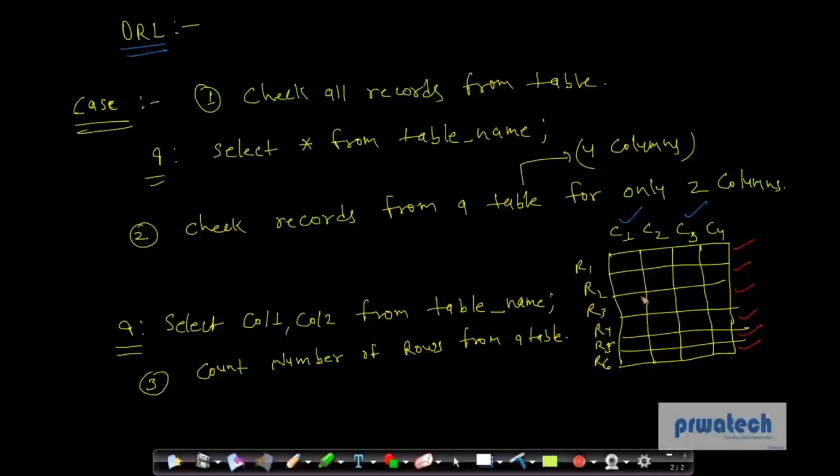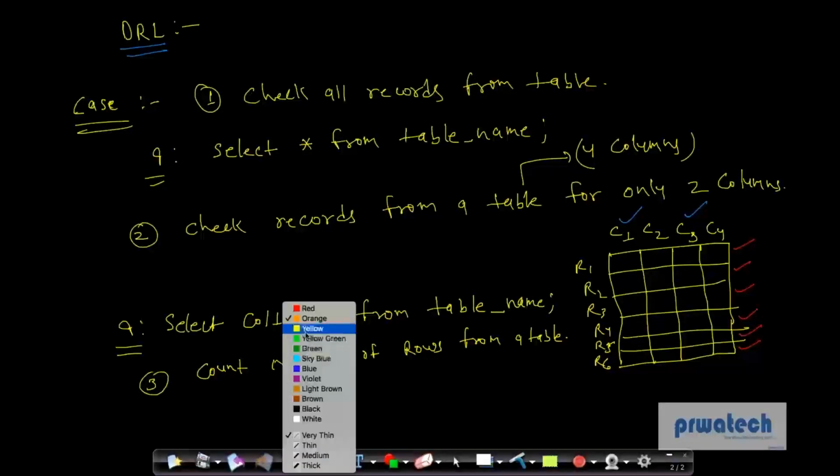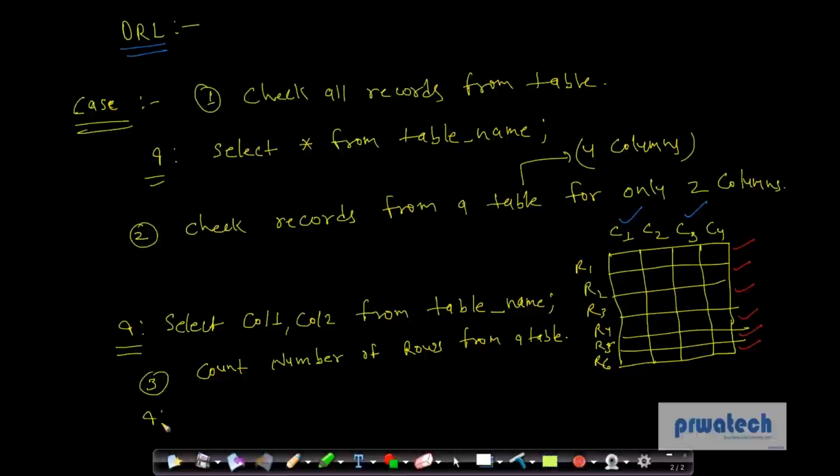But what is the query to check the number of rows present in the table? The query is select. Since I want to count the number of rows, there is an inbuilt function called count in RDBMS. Select count star.